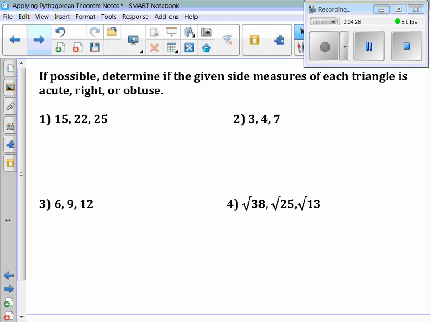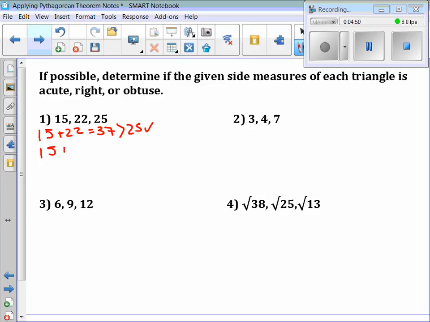So we know step 1 is check to make sure this is a triangle. So we need to use our triangle inequality theorem that states the sum of two sides must be greater than the third. So if we take the first two, 15 plus 22, that gives us 37. 37 is greater than 25, so that's good. We need to check our other sides.